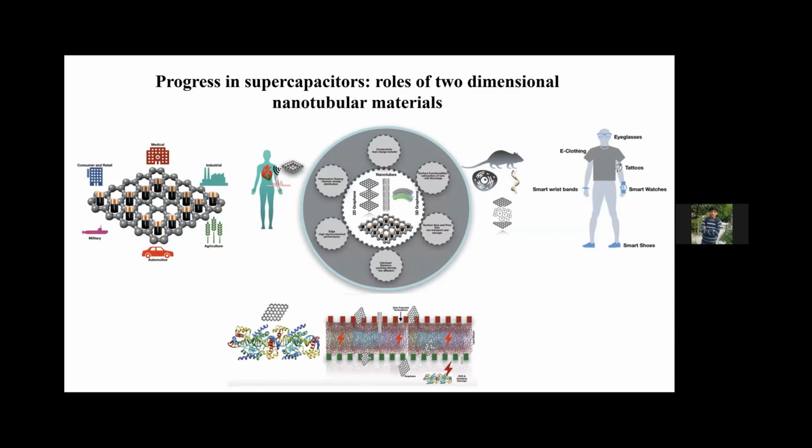So in the pacemaker we can use supercapacitor devices, and also for tissue generation, or in wearables, for e-clothing, smart watches, glasses and all. And also we can use these devices for drug delivery, detectors, sensors, and many other things.